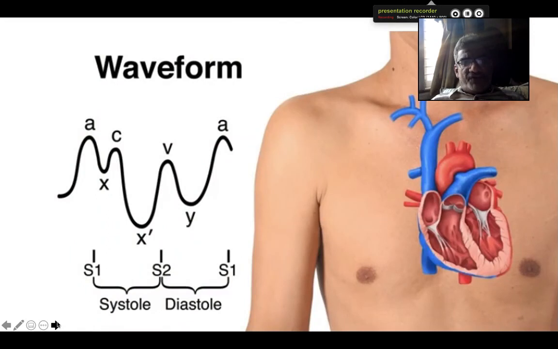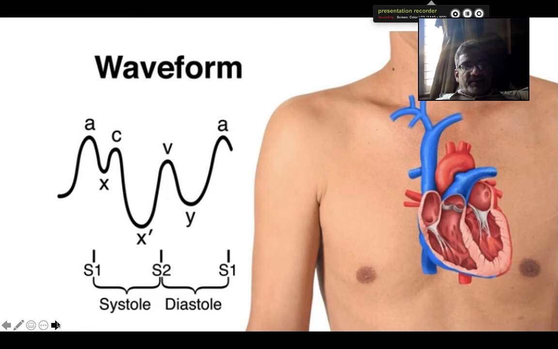This is the waveforms of the JVP. As you can see, the A, C, V waves and the X descent and the Y descent. In clinical practice, 2 points are very important. Only the negative descents are seen in the JVP. It's very difficult to make out the positive waves.